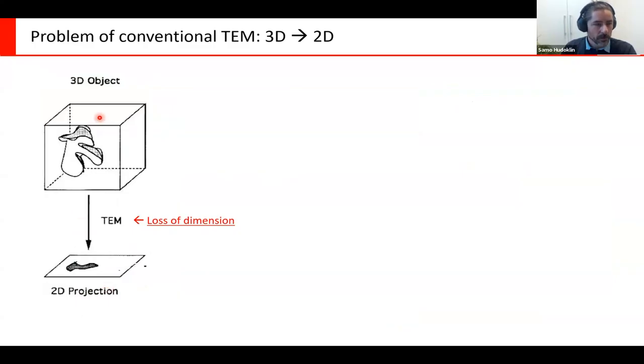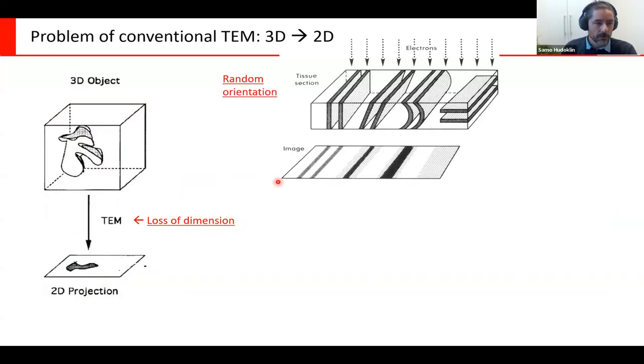You always look at the objects as 2D projections. And if you combine this with other problems like random orientation of the sample, the same structure, if you look at it from different angles, can give you a much different picture.